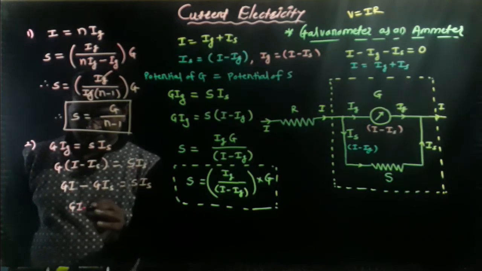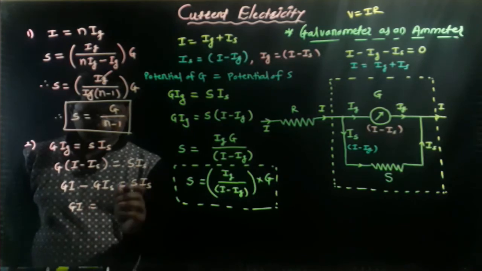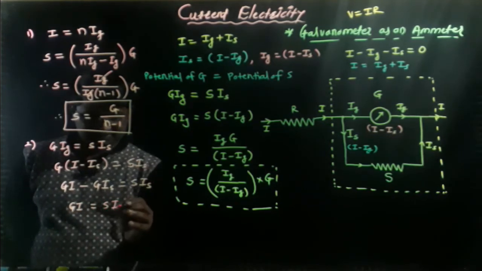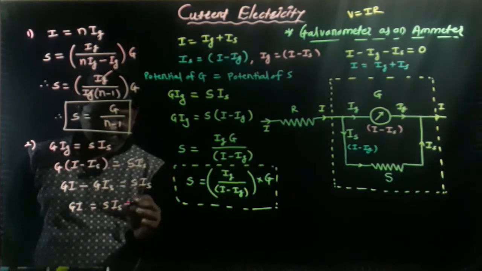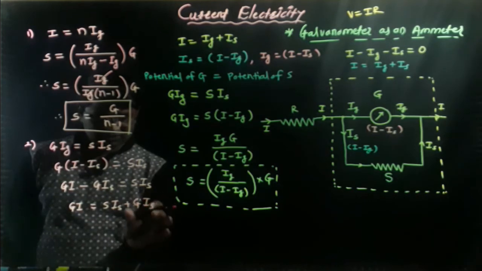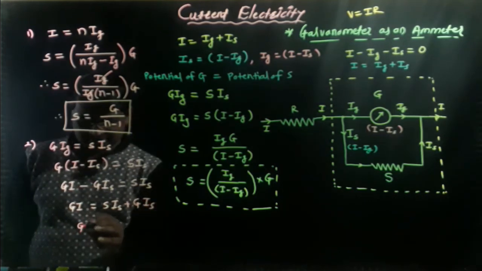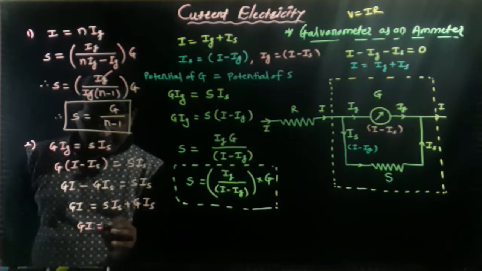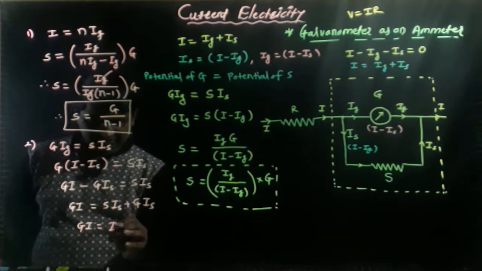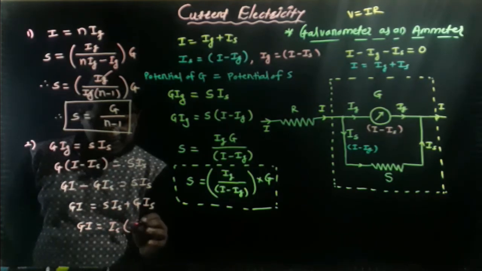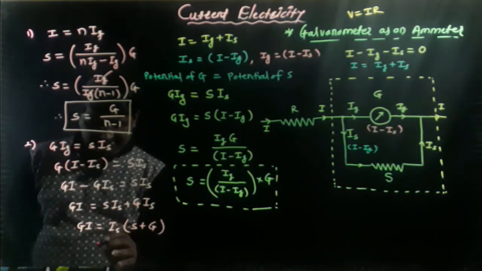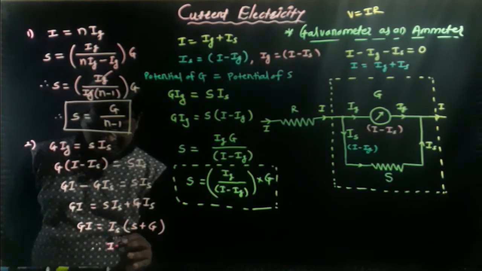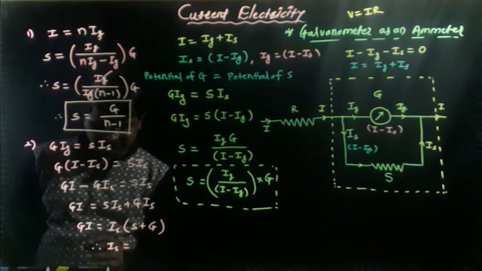So GI is equal to S Is plus G Is. Is is common here, so GI is equal to Is into S plus G.